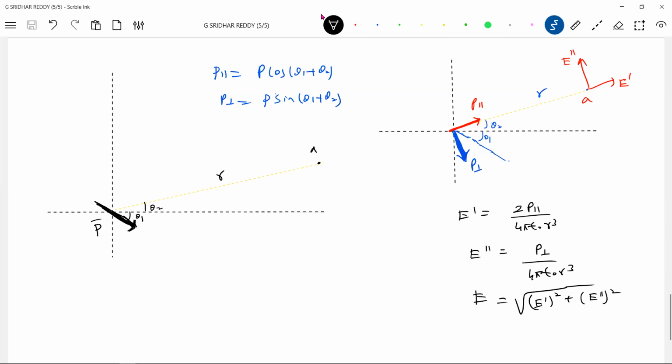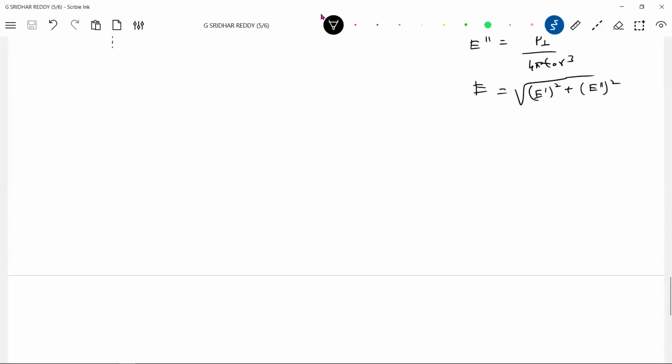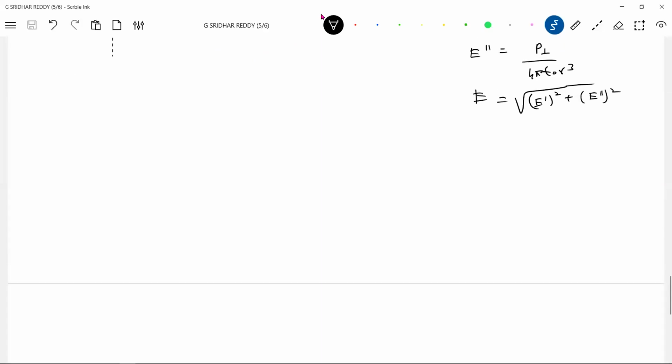So why I'm discussing this problem? I just saw one numerical of this kind.